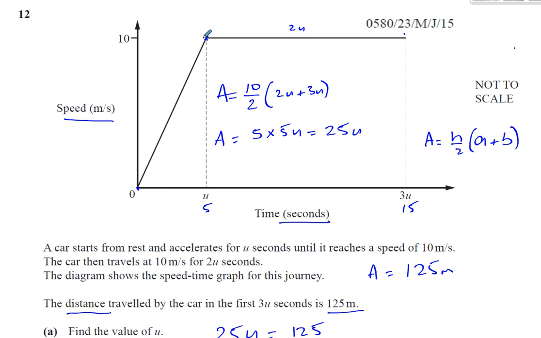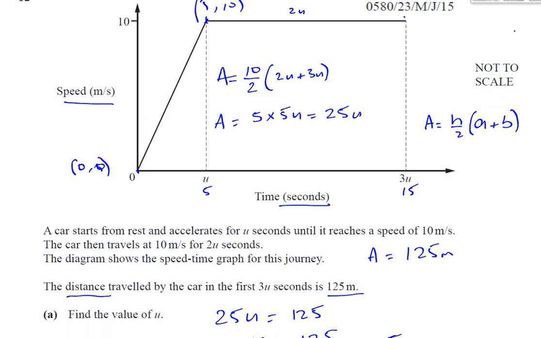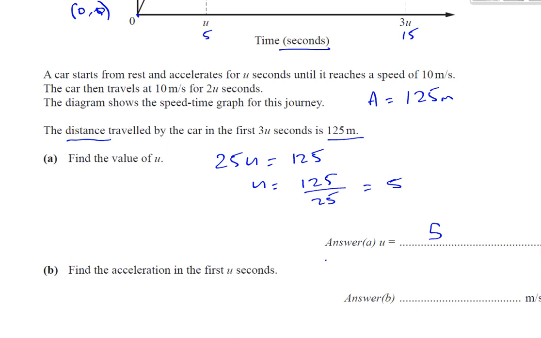So if I take the beginning, which is 0, 0, and the end, which is 5, 10, and find the gradient of this line, it's 10 minus 0 over 5 minus 0, which is 2 meters per second squared.